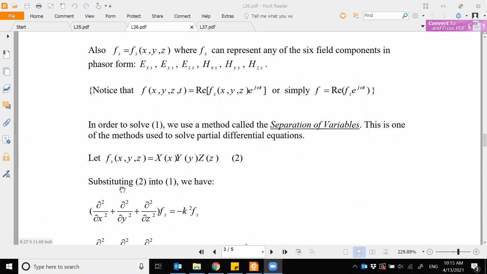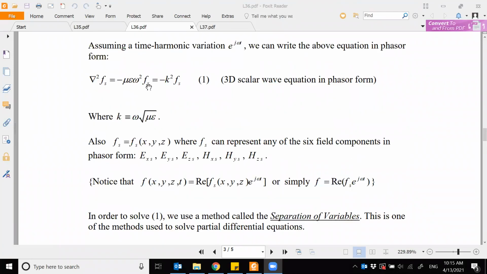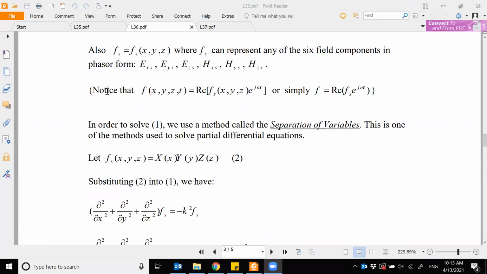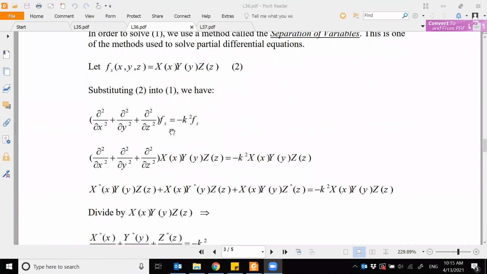In this, we assume that our function Fs, which we want to find, is of this form, X of x, Y of y, and Z of z. And then I will substitute this back in my equation 1. So wherever there is Fs, I will substitute X of x, Y of y, and Z of z.